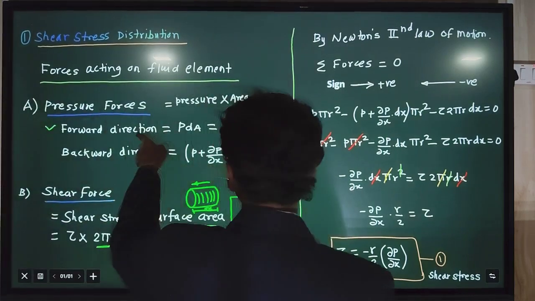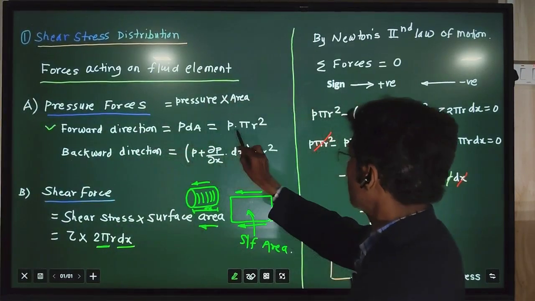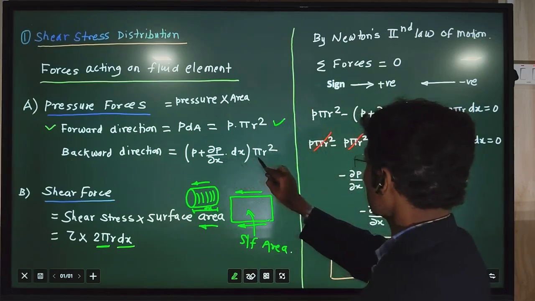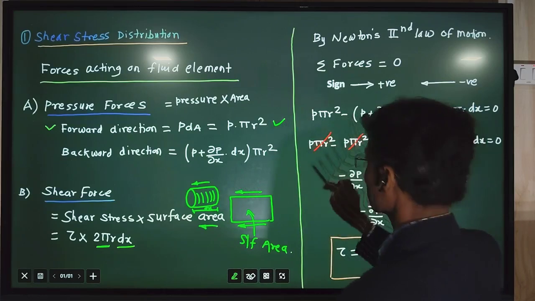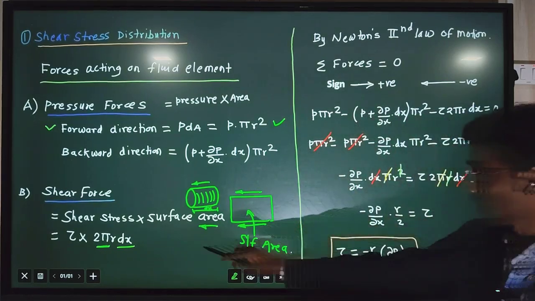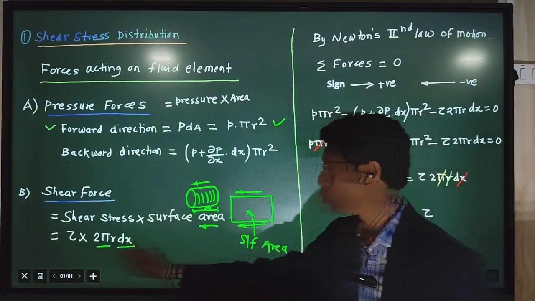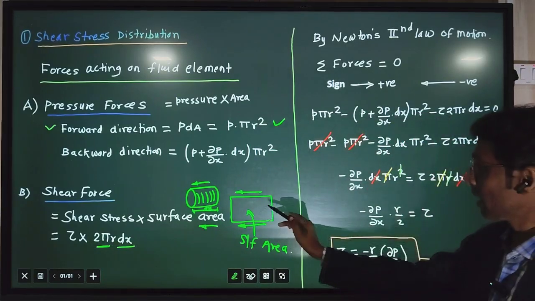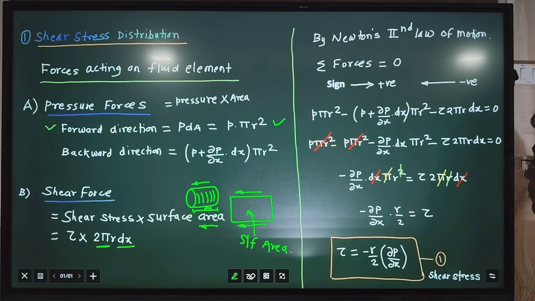So putting in these forces: first P pi r square, this force, minus this second force with a minus sign, as we already discussed, because it is backward, and the third force, that is the shear force, tau into 2 pi r dx with a minus sign, because again it is in the opposite direction to the flow.